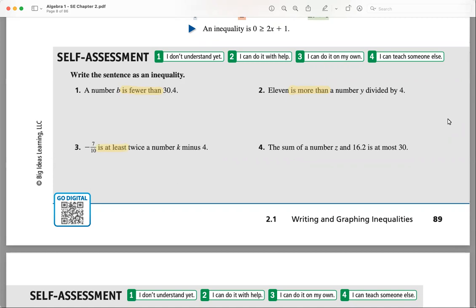And the sum of a number z and 16.2 is at most. So we have highlighted the inequality symbol, and now let's translate.